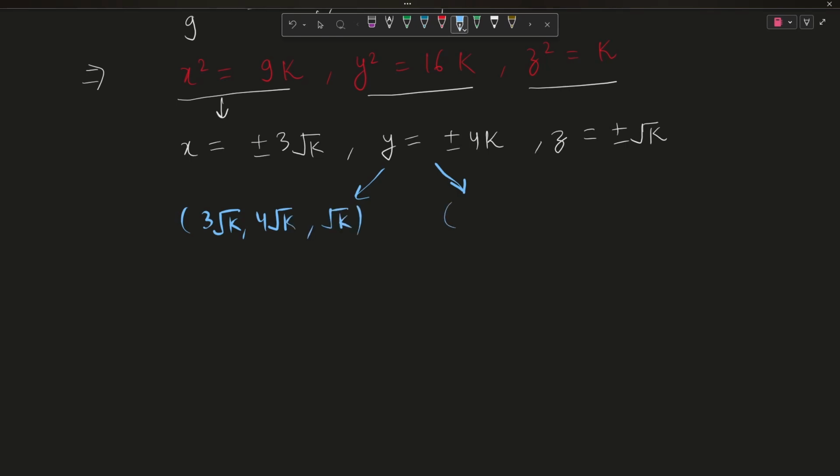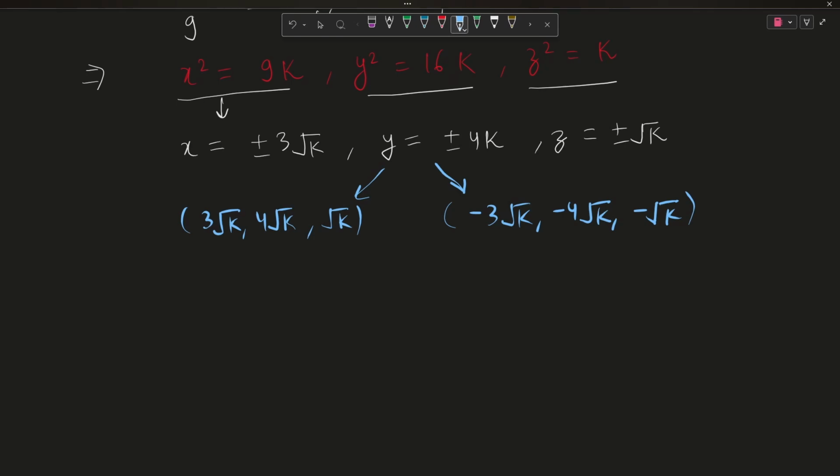And the other set of values is minus 3 root k, minus 4 root k, and minus root k. So now we need to solve these two sets to get the value of k. And after getting the value of k, we will get to know how many feasible values are there for the above equations.